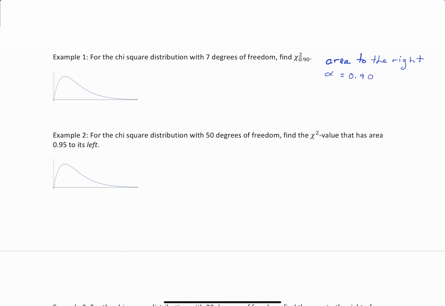So I'm looking at a scenario where area to the right is 0.90. And again, we call the number on the horizontal axis, that's a chi-square value, and we call that chi-square sub 0.90.